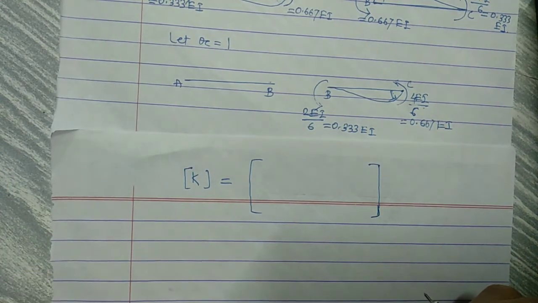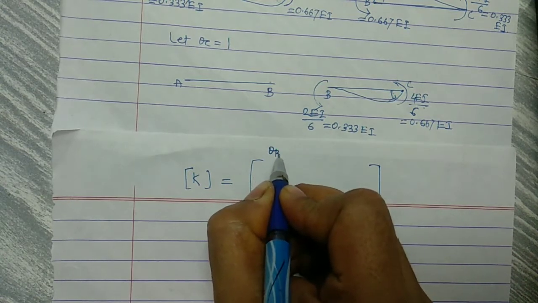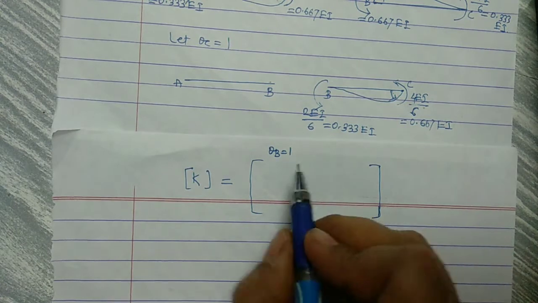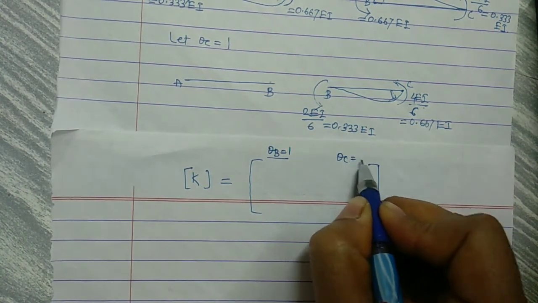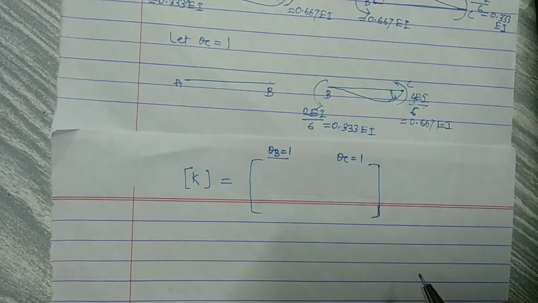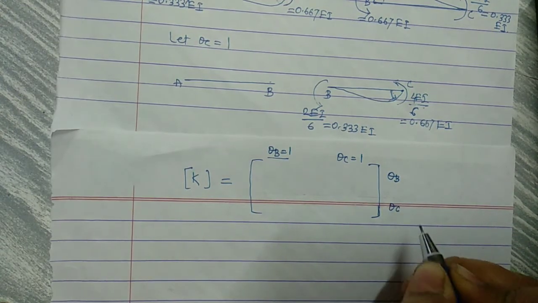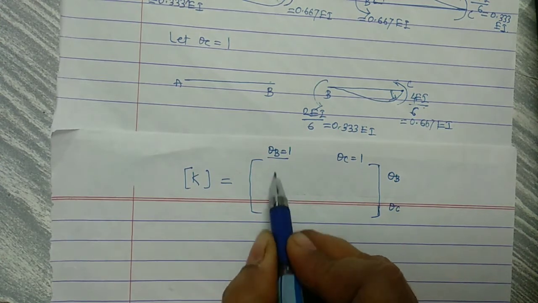The detailed procedure we have seen in the last problem. We'll see again. There are two columns. The first column we will write from the first figure, that is when theta B equal to 1, and the second column has to be completed from the second degree of freedom, when theta C equal to 1. And those elements correspond to theta B and theta C, that is moment at B and moment at C. So here first we'll complete this column.